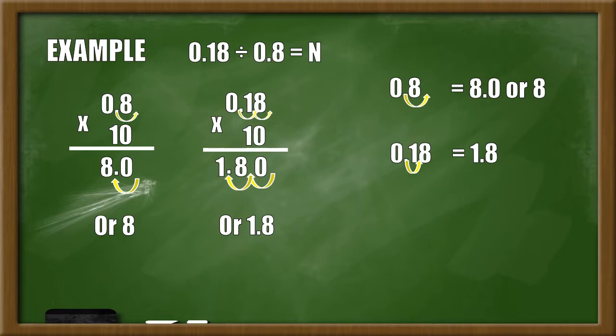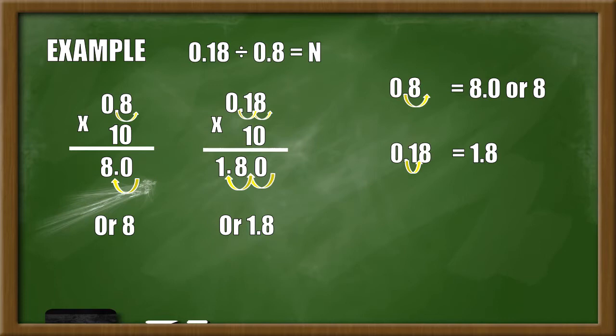Okay, what is the technique in moving the decimal place? I know this technique is an easy way to make the divisor a whole number. So you will just move the decimal point going to the right to make the divisor a whole number.